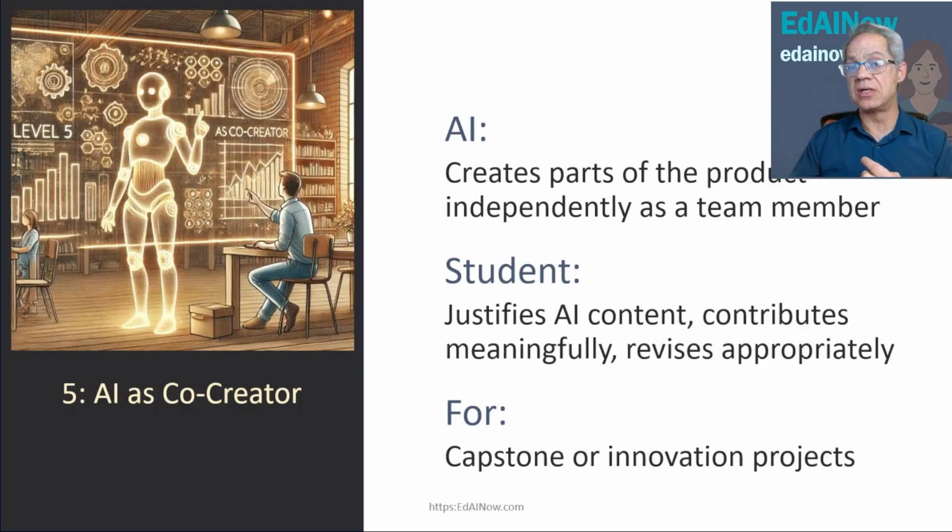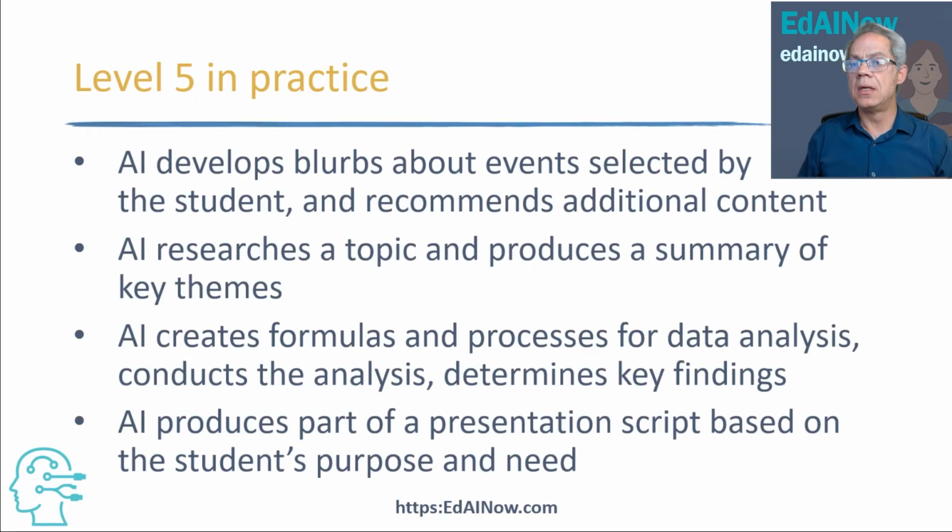That's the AI serving as a team member and contributing meaningfully to the end. But as always, the student is still responsible for knowing what it is, right? And knowing the content, because if it's an assignment, as opposed to an assessment, it's part of the learning process. So even if the AI is producing something and contributing meaningfully, the student still needs to learn from what the AI produced.